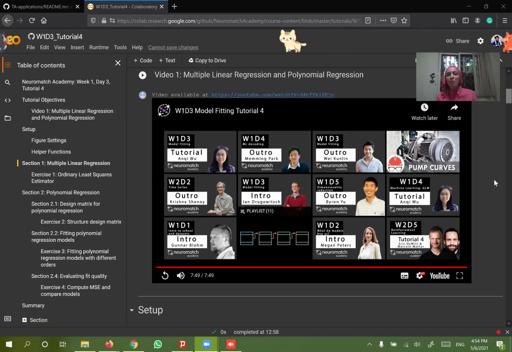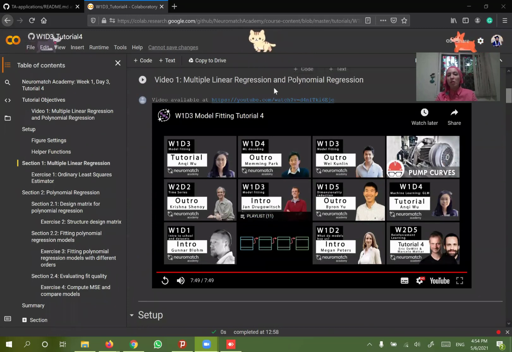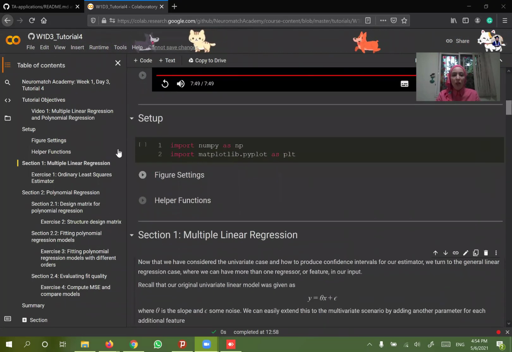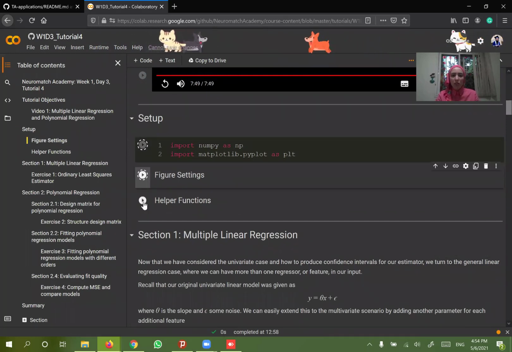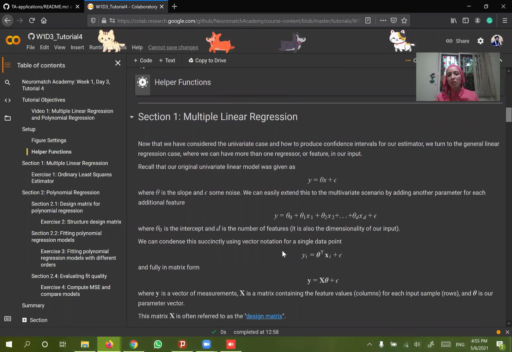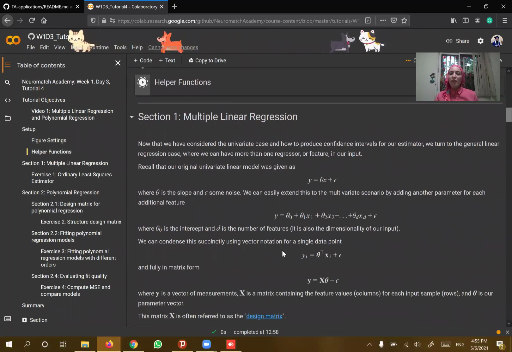So, as you have mentioned in this tutorial, we're talking about multiple linear regression and polynomial regression. First of all, I'm going to run these small parts so that we won't have any problem running the rest of the codes here. And I think as no one has had any question about the video, we've heard so much about the mathematics, and so I'm not going to make you tired by reading these lines.